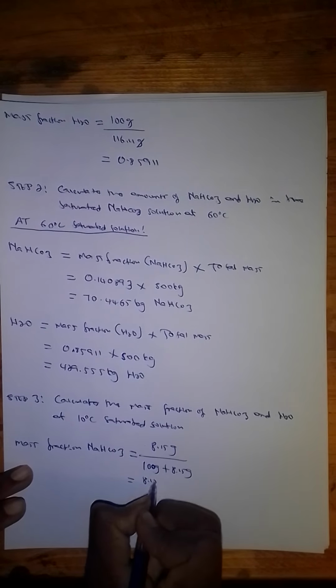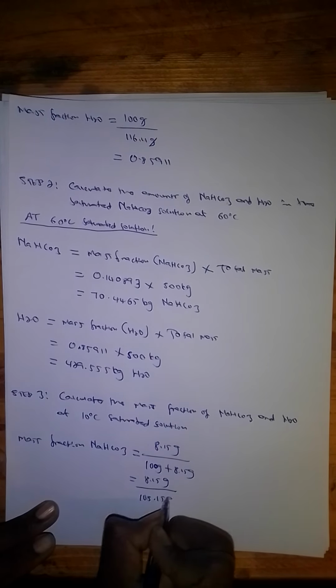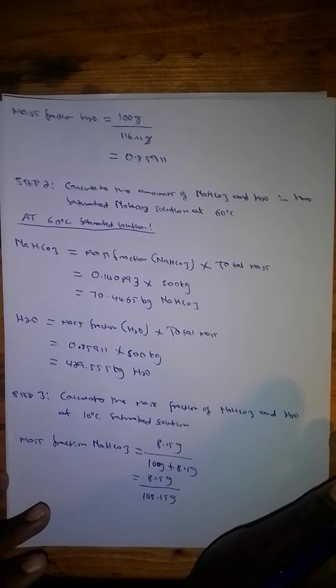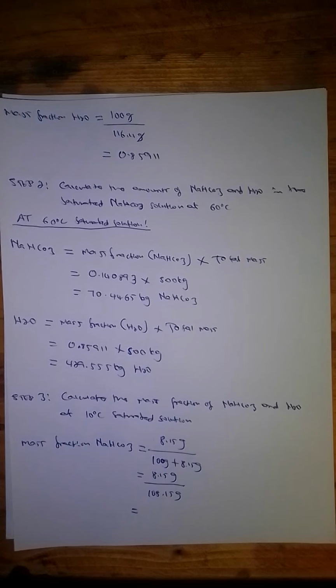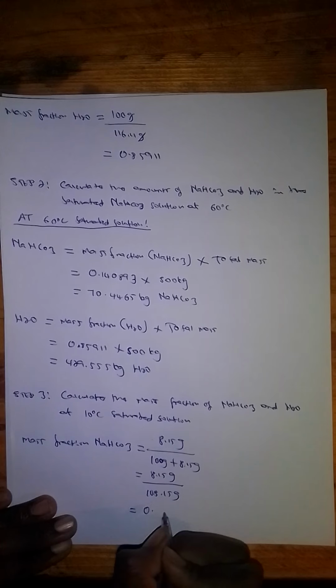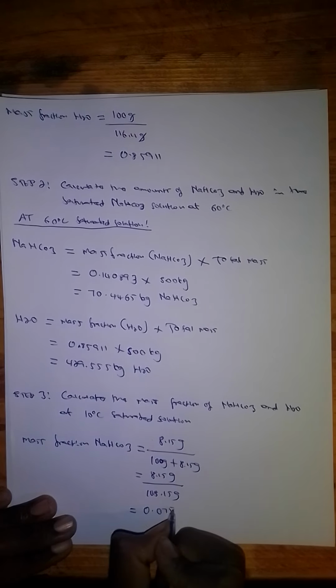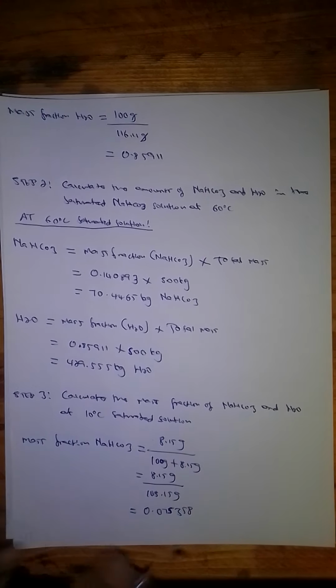This gives us 8.15 grams all over 108.15 grams. Using a calculator, the final answer becomes 0.075358. So that is the mass fraction of NaHCO3 at 10 degrees Celsius.